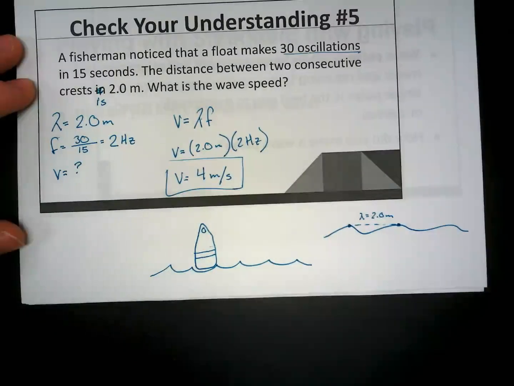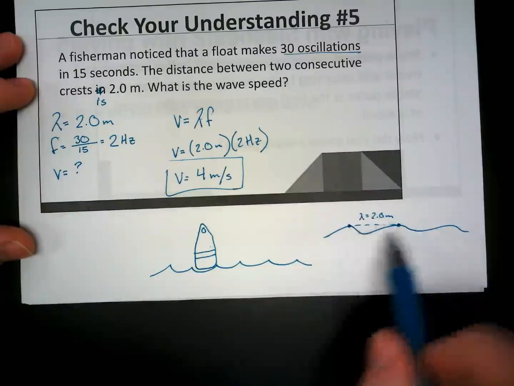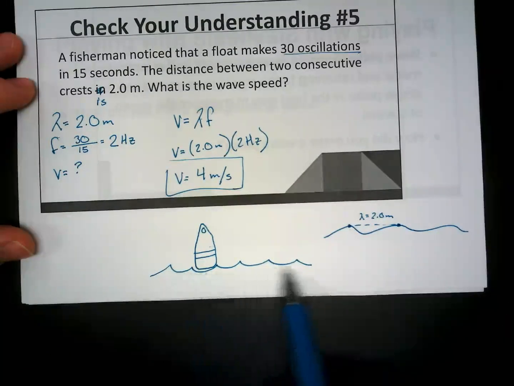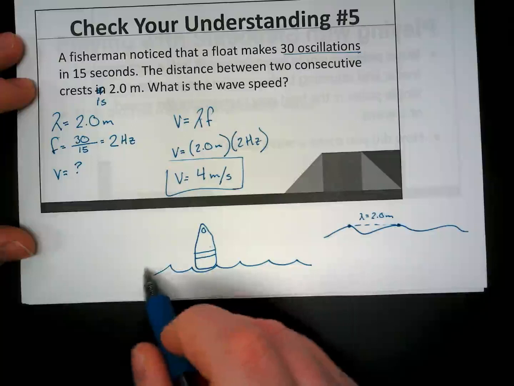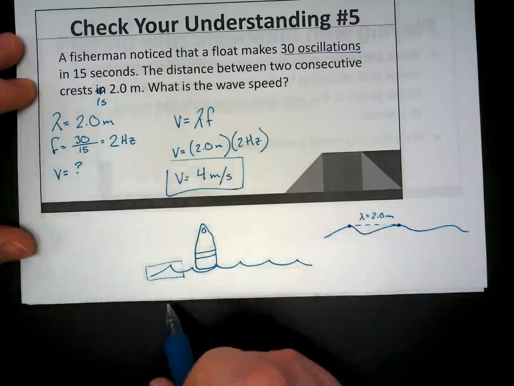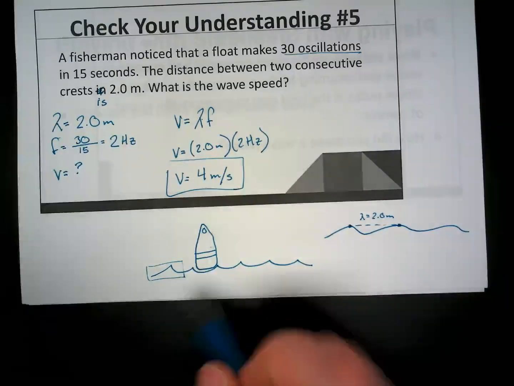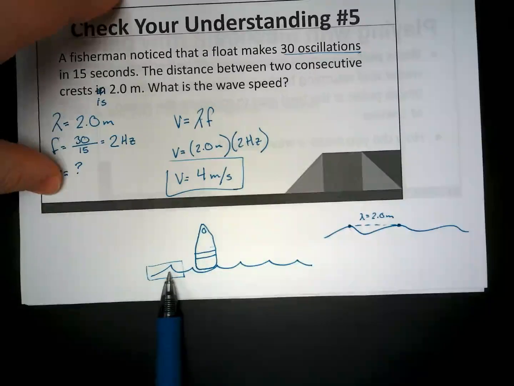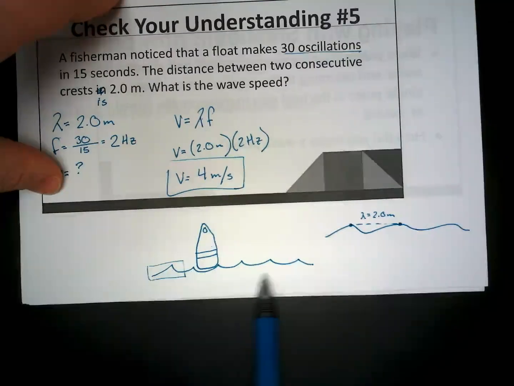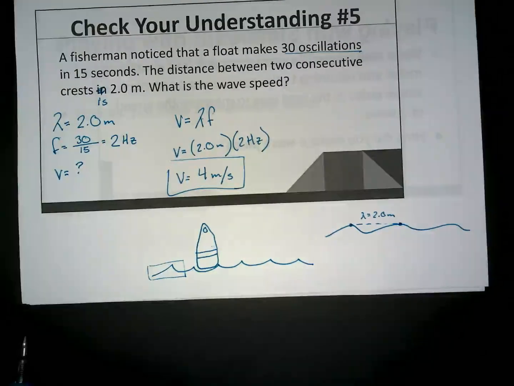So roughly speaking, if we were to track the energy of this wave moving through the water, that means that this wave is moving around 4 meters per second across the water. Okay, that's what we'd be seeing.